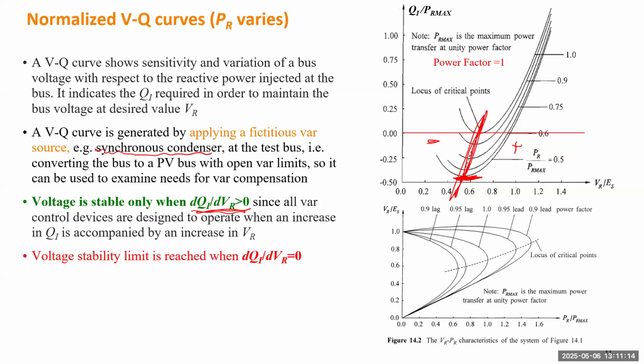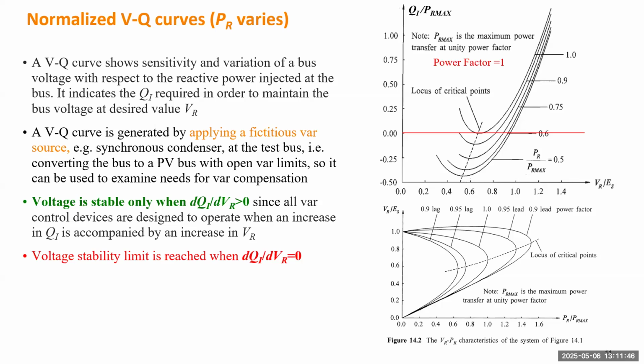Let's connect the VQ curves to the PV curve, because the VQ curves in the top figure were generated from the same radial system as the PV curve. So how can we connect those VQ curves to any one of the curves at the bottom?